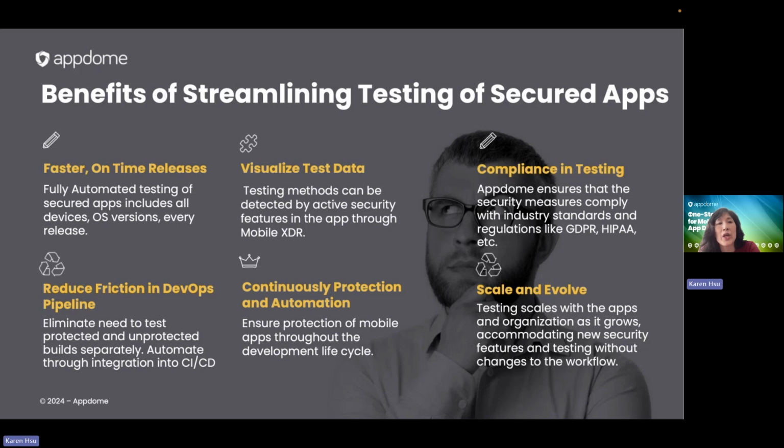So having fully automated testing of secured apps includes testing for all devices, OS versions in every release. You're able to also reduce friction in the DevOps pipeline because you're able to eliminate the need to test protected and unprotected builds separately and not have to have different environments for protected and unprotected builds and their testing.